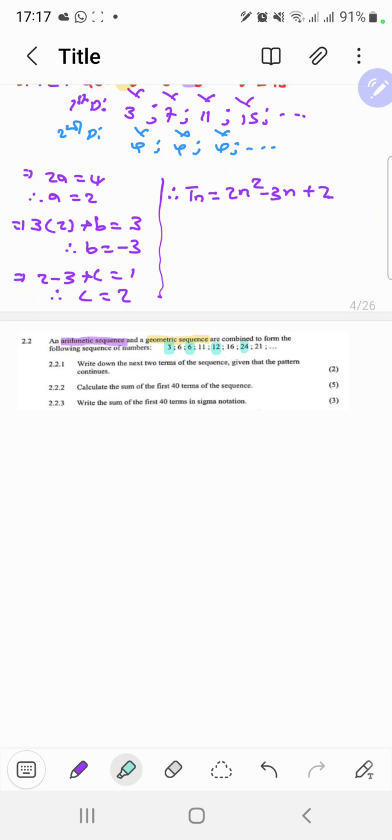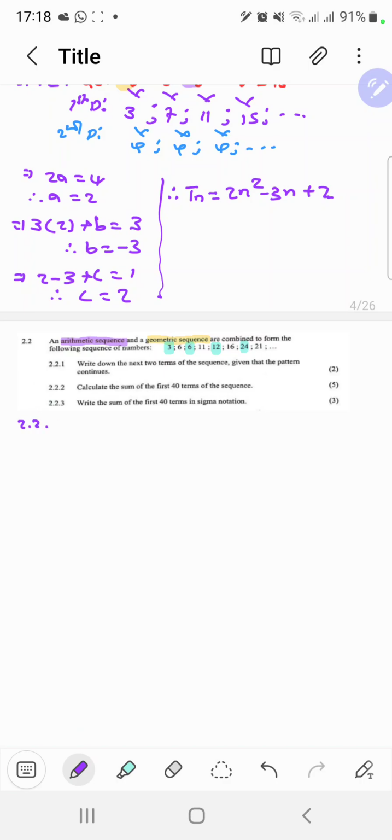Let's establish what is going on there. If you say 6 divided by 3, you're getting a 2. 12 divided by 6, you're getting a 2. 24 divided by 12, you're getting a 2. So this means the odd numbered pattern is a geometric sequence.